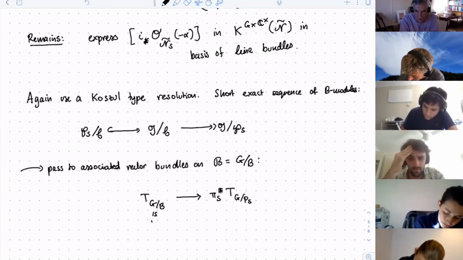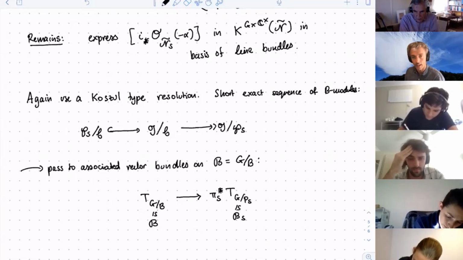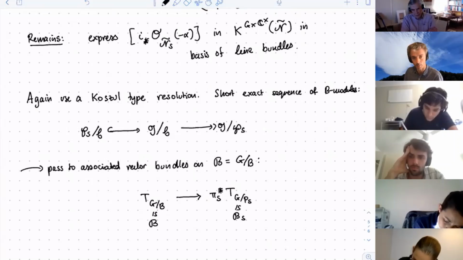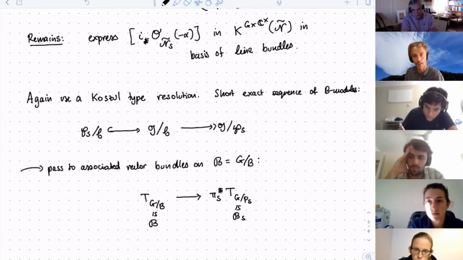So this is isomorphic to B, this is isomorphic to BS. So I said that at the moment I prefer to think about B and BS as being varieties of Borel subalgebras and varieties of parabolic subalgebras, etc. but I couldn't work out a nice way of making this argument without fixing a b. That's what I'm doing here.